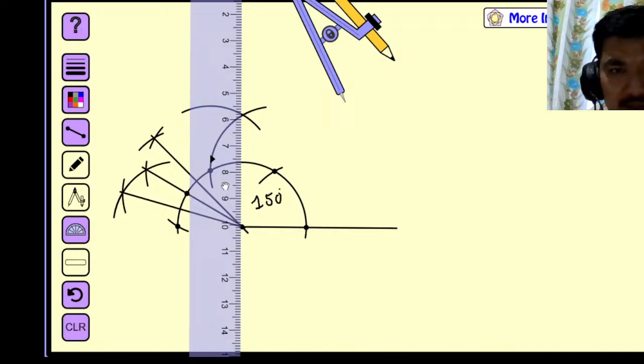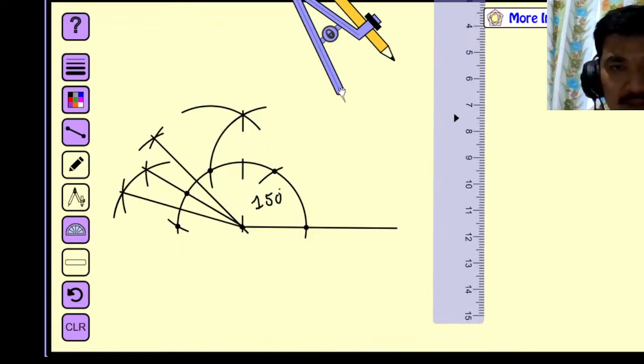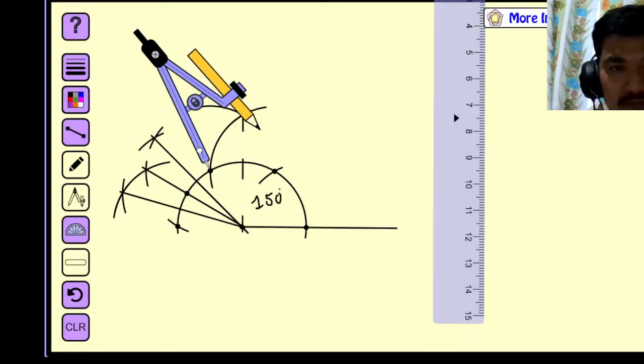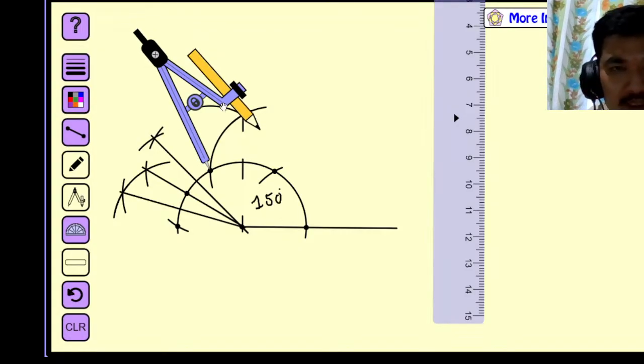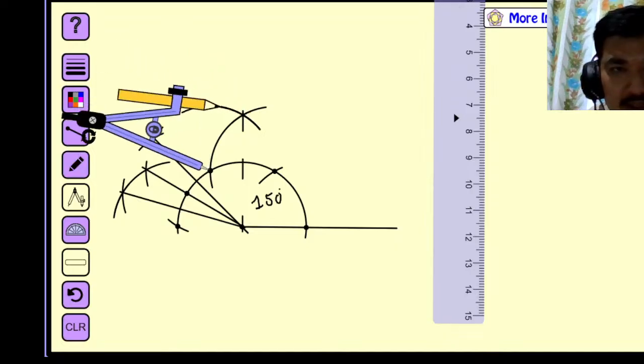Join this, and chord in three places, the main arc, and here down, 0 degree. Now if you chord from this 120, a little long here, like this.